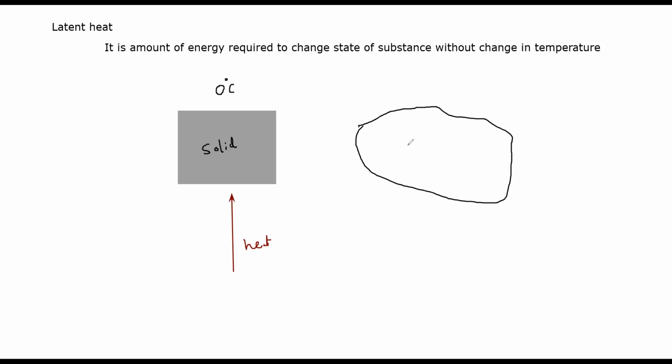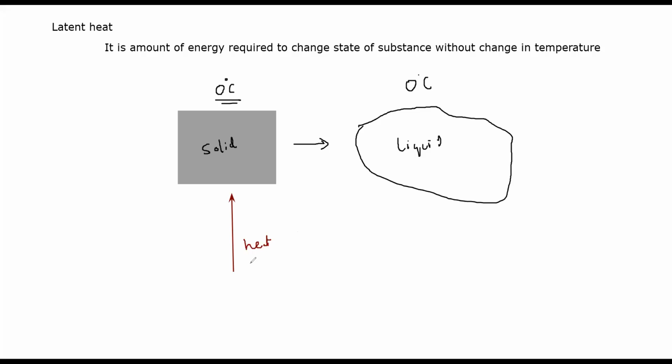So when this solid is turning into liquid, what is the temperature when solid is changing into liquid? So temperature does not change. If solid temperature was 0, the temperature of the liquid will also be 0. Because whenever there is a change in state, there is no change in temperature.